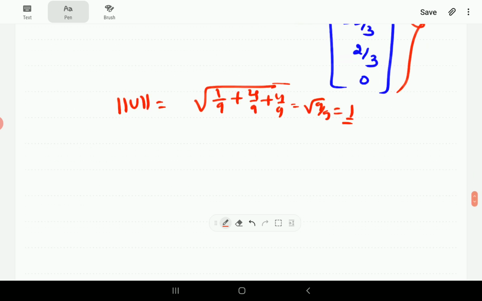And then let us see the next definition. What we want is distance in Rn.